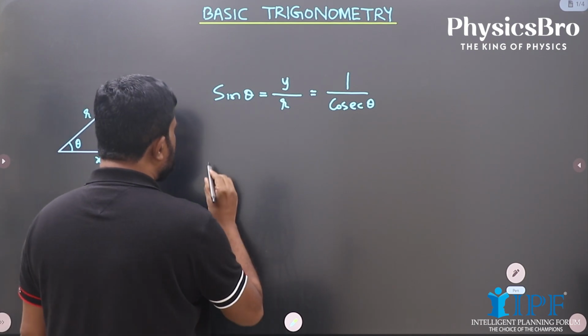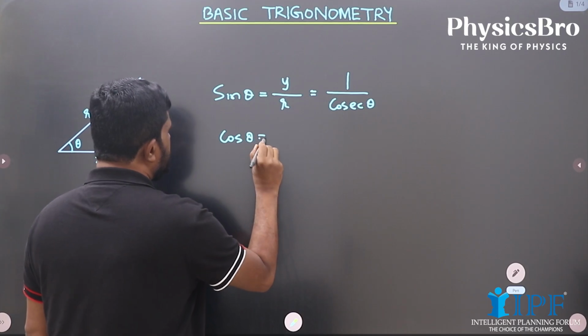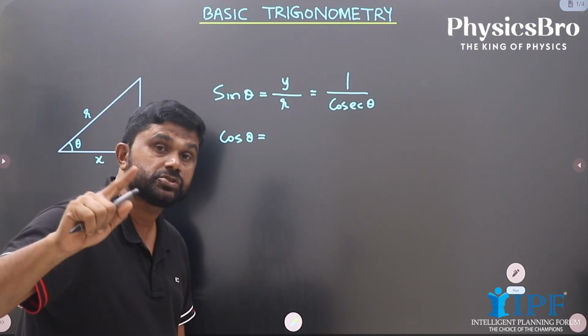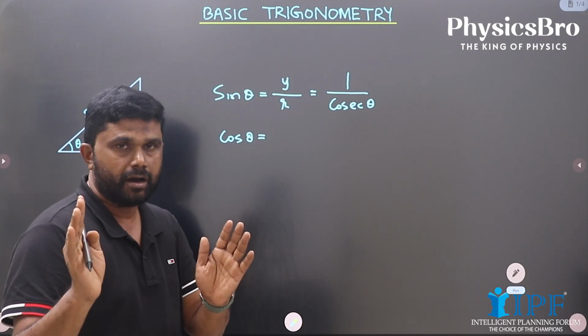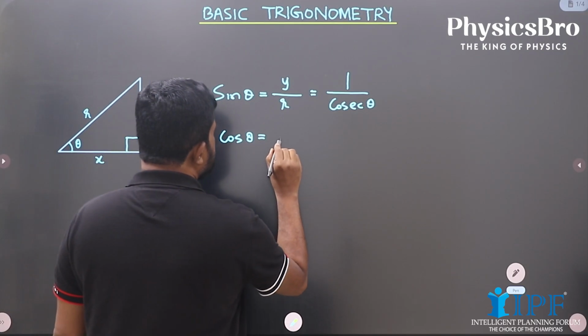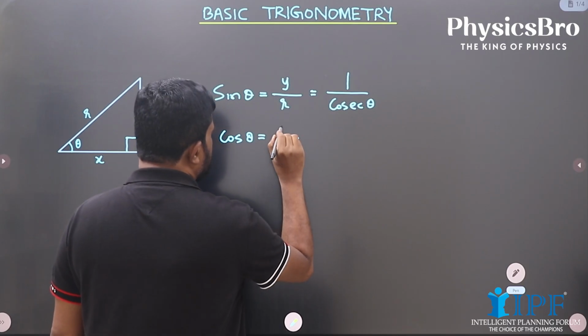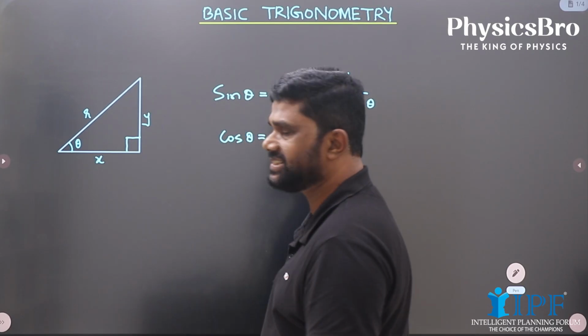Now, the second ratio is cos theta. Children, this cos theta is actually cosine theta. Sine theta and cosine theta are co-functions. Cos theta is defined as the adjacent side divided by hypotenuse. Which side is adjacent to theta?